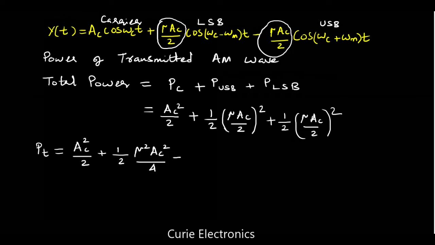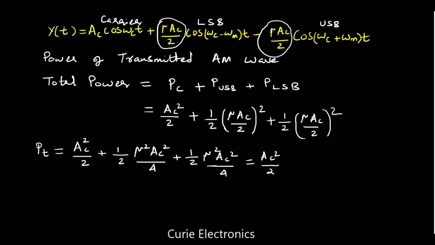Similarly, the upper sideband also gives the same term, 1 by 2 mu square Ac square upon 4, which we can simplify.